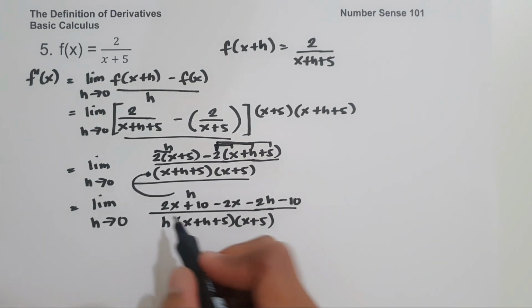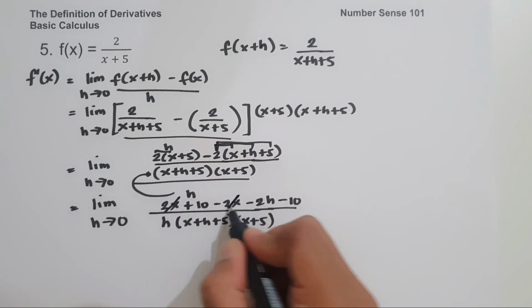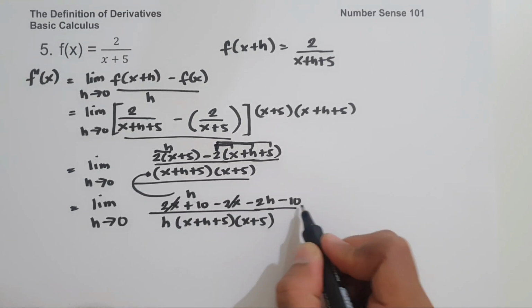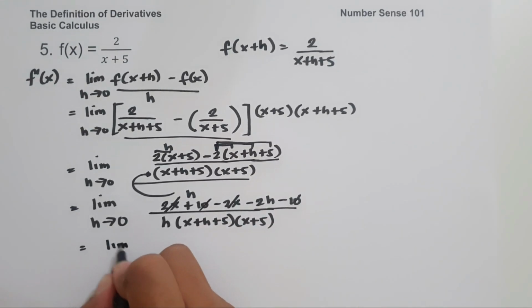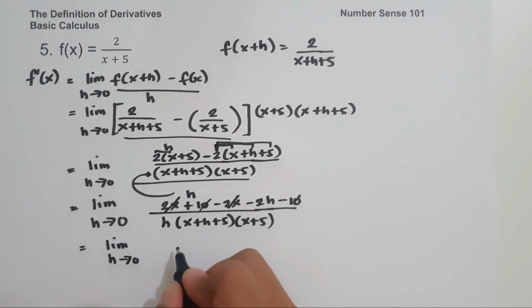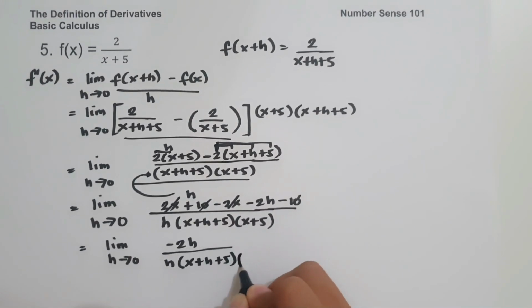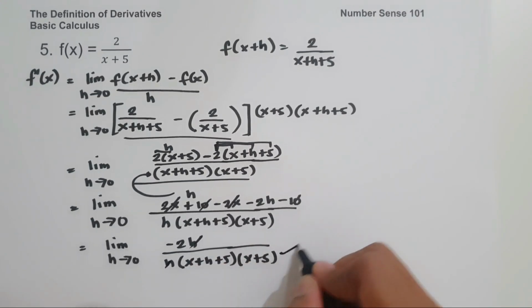And since we have 2x minus 2x, we can cancel this one, together with 10 minus 10. So this will give us the limit as h approaches 0, that is negative 2h over h times quantity x plus h plus 5 times quantity x plus 5. So we can cancel this one.